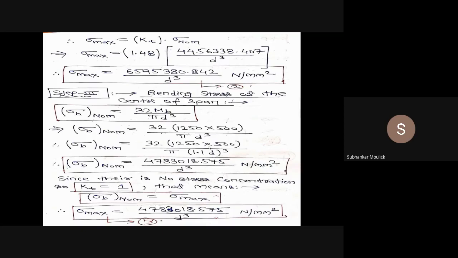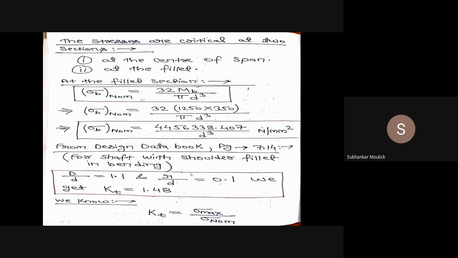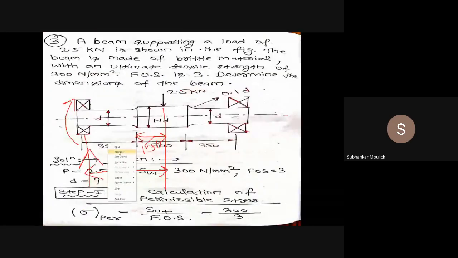Yes, sir. Fine. So 32 into MB. MB is 1250 into 500 divided by pi d cube. Now can you tell me from the diagram what is the value of D for the mid cross section?